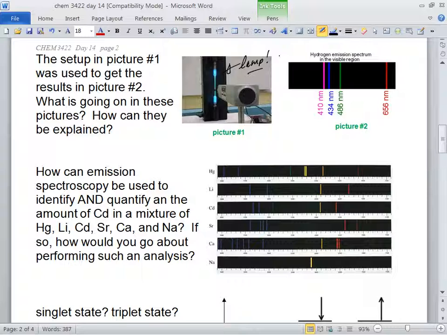So this is supposed to be a hydrogen lamp. Here's the hydrogen emission spectrum that's observed. What must this thing be doing? Detecting that light, right? That's what that gray box must be doing, must be a detector with a monochromator in it or something, so it can vary the wavelengths and detect all the different wavelength intensities, okay?